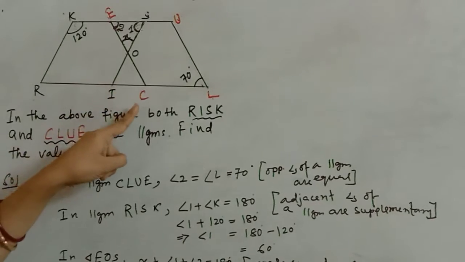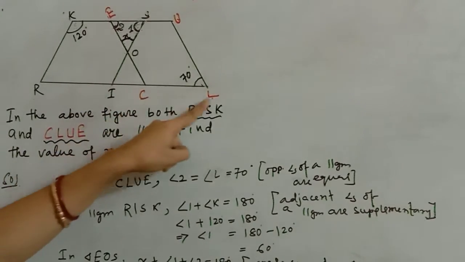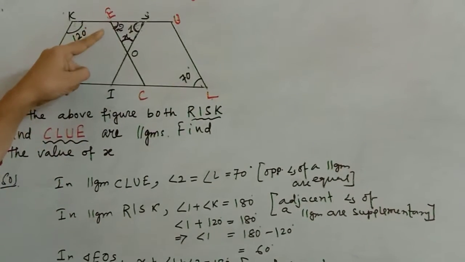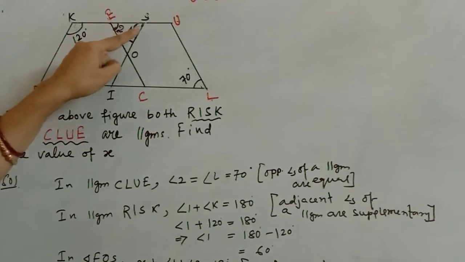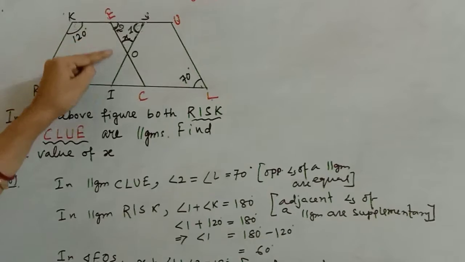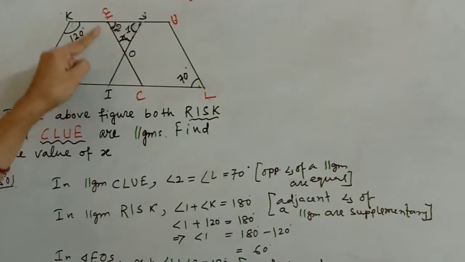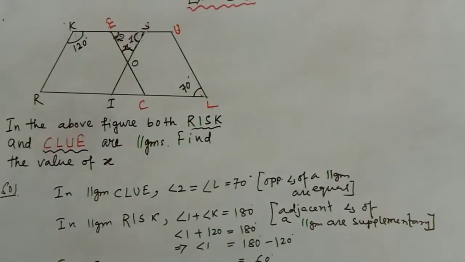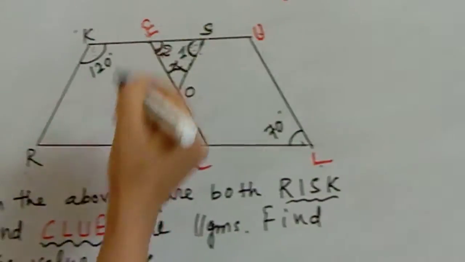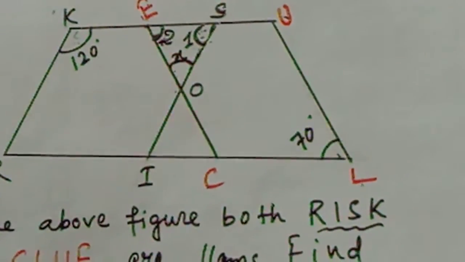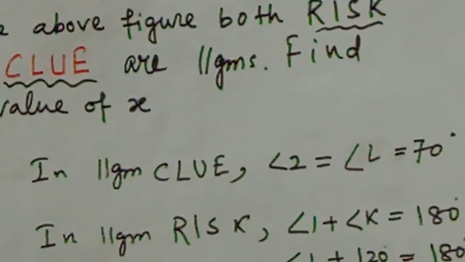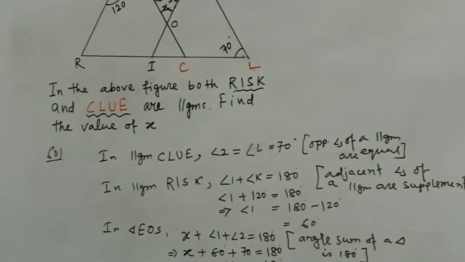Now consider the other parallelogram CLUE to find the measure of angle 2. When you get the measures of angles 1 and 2, then concentrate on the triangle EOS. In this triangle, using the angle sum property, you can find the value of x. We will go to the next sum now.